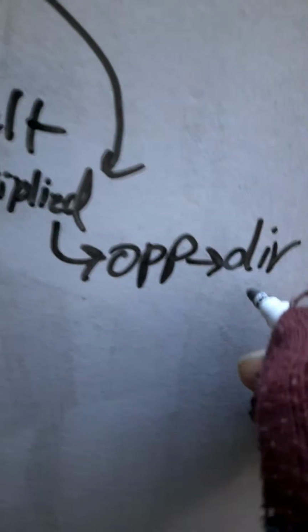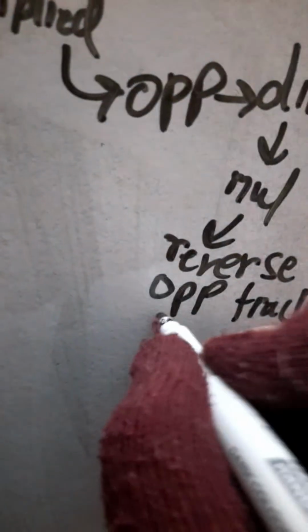Now division, when we convert it into multiplication, we reverse the fraction to balance it. Reverse to the opposite fraction. Now numerator and denominator exchange.